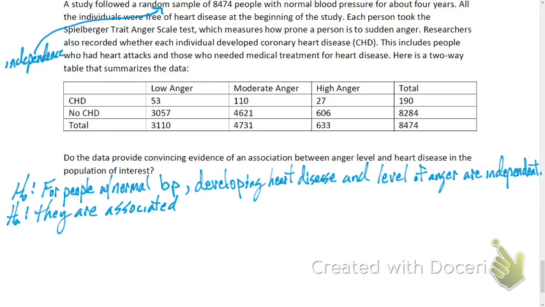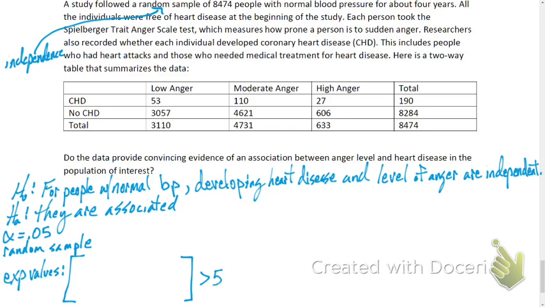And then HA, they are associated. Set alpha. Do your plan step. Make a blank space for your expected values so you don't forget. And I'm going to assume they're all greater than 5.